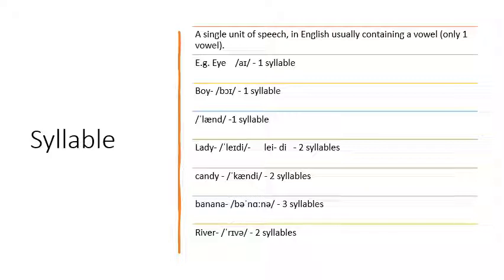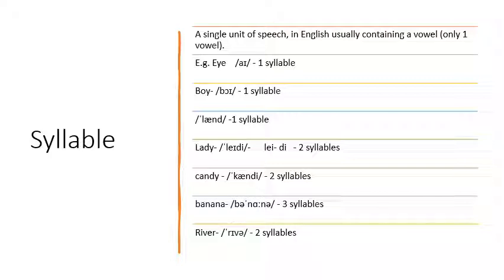For example, I. It has only one syllable. I. Only one vowel, only one syllable. Boy. Only one syllable. Land. Only one vowel, only one syllable. Lady. This has two vowels. So 2 syllables.